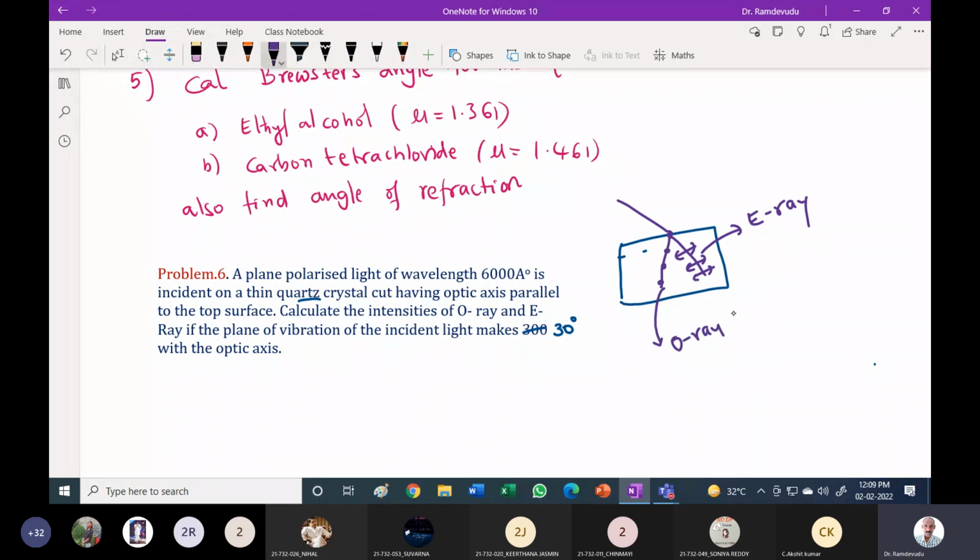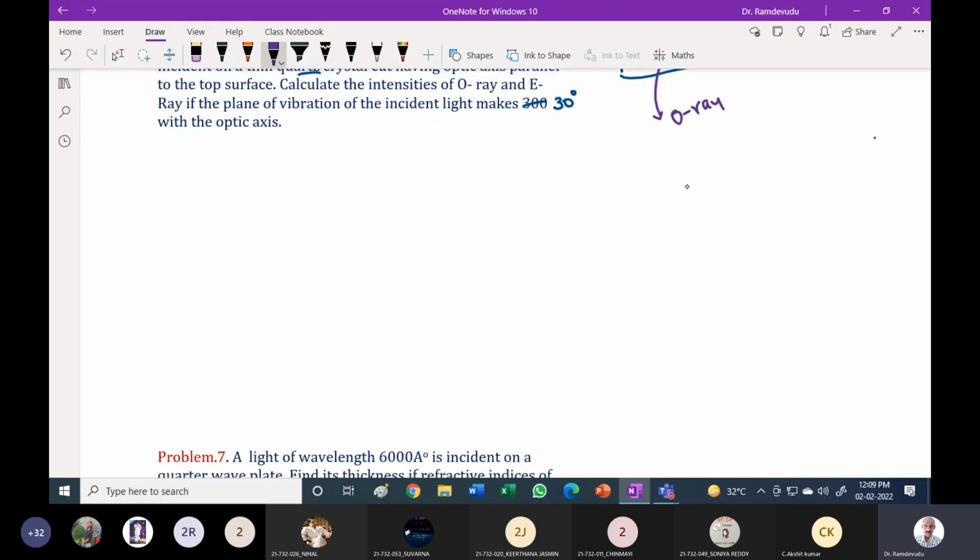And the incident ray is falling at an angle equal to 30 degrees. They have given 30 degrees. So you can resolve this along the axis I am taking. Suppose the incident amplitude is A, making an angle of 30 degrees.